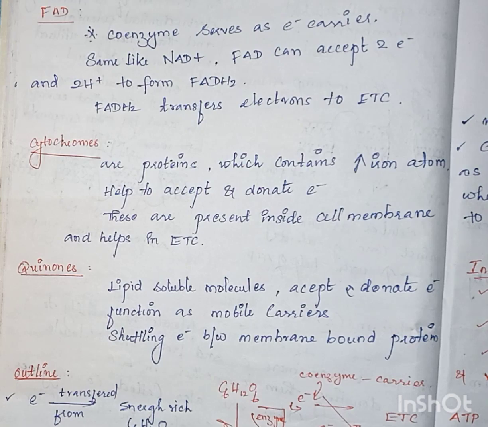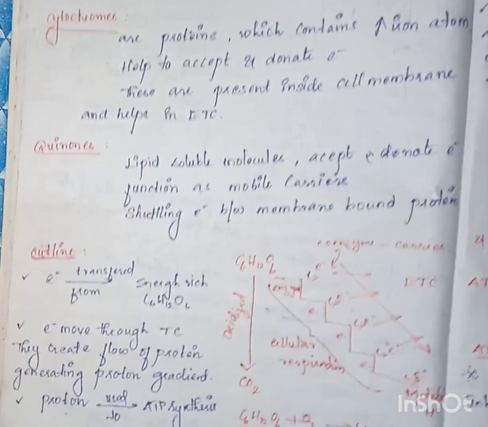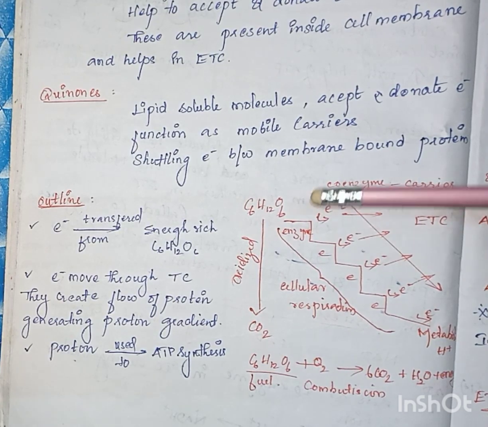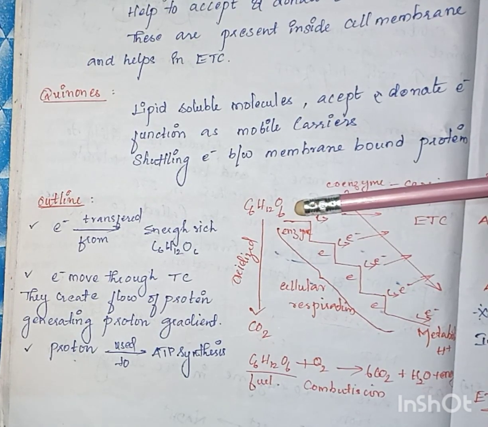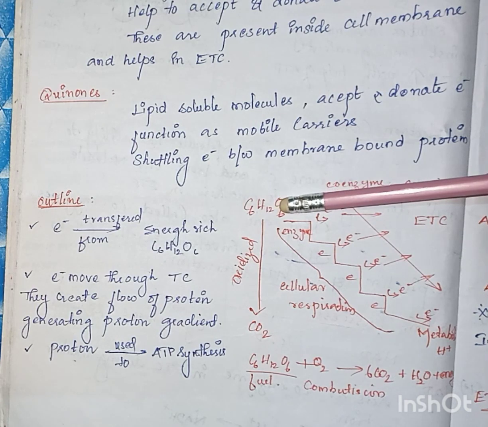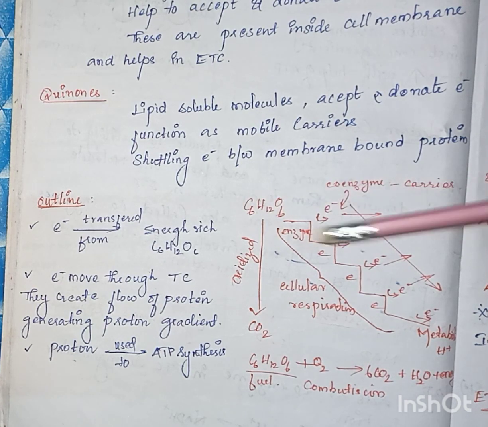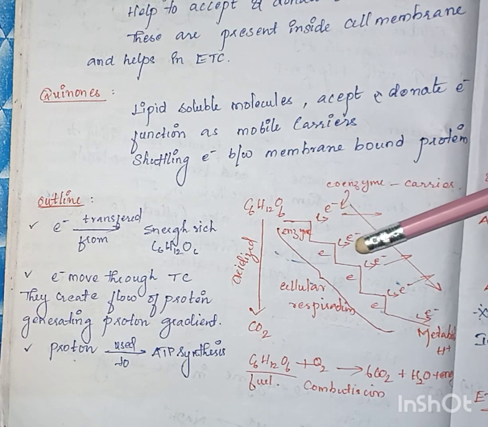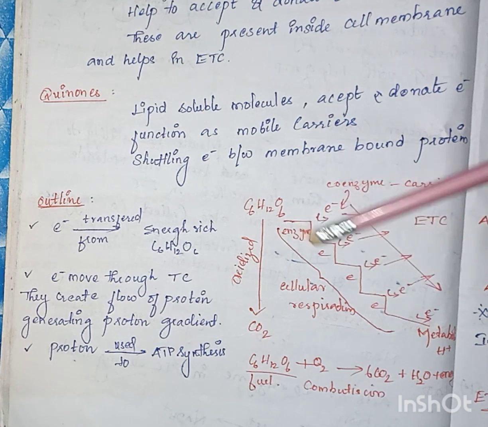The basic outline of the electron transport chain is this. Here I have taken the example of glucose, an energy rich molecule. When it gets oxidized to metabolites, certain reactions take place, I mean cellular respiration.